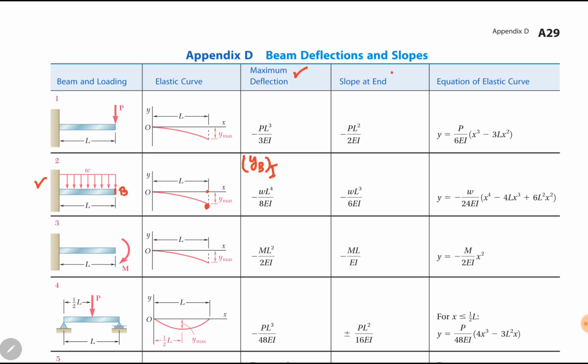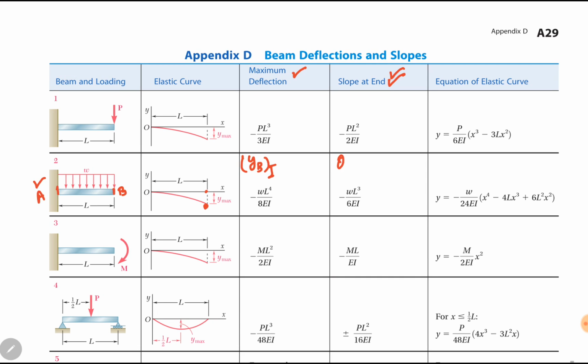Similarly, slope at the end, theta at the end. For this beam, there are two ends, end A and end B. End A is fixed, and we know that at fixed end theta is 0. So this slope at the end is theta at end B. So this is our thetaB for loading 1.